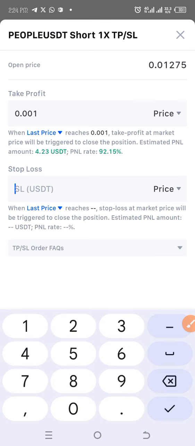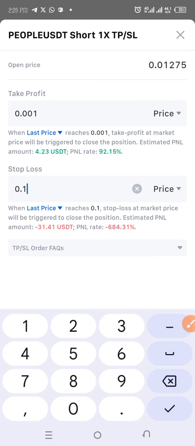Let's assume I now say, okay, I'm not ready to risk, since I'm still a newbie. I want to put my stop loss. I'll just press 0.01280.